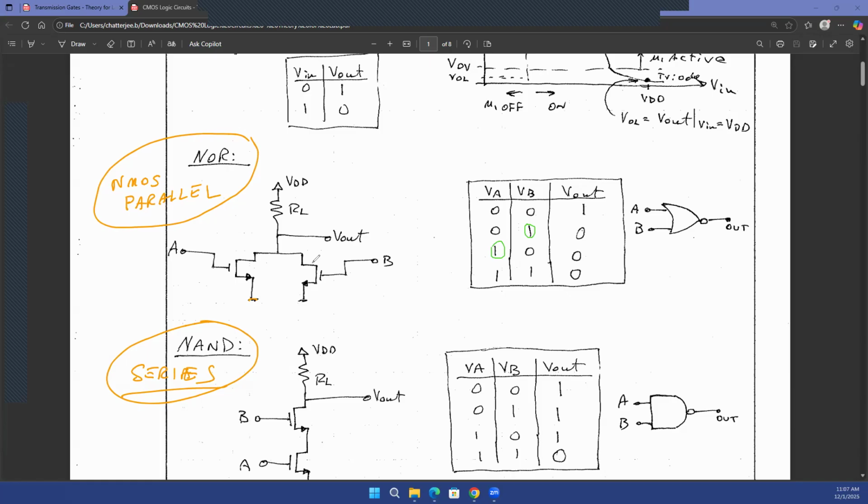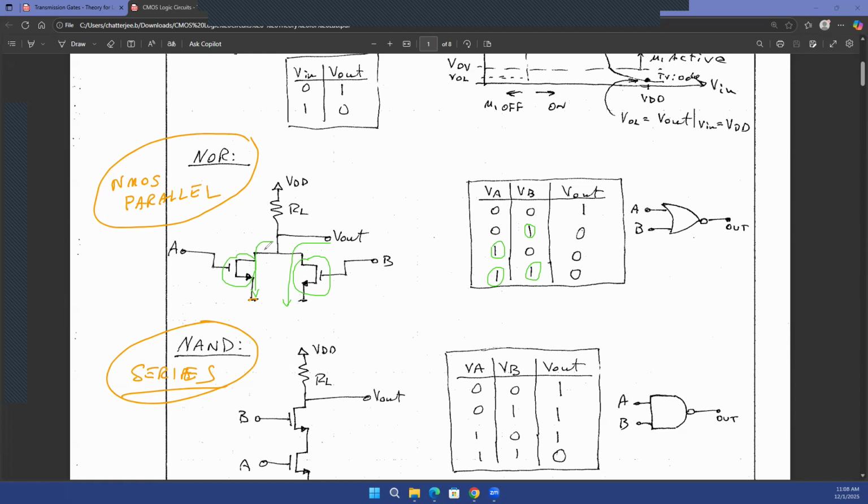If my B transistor is on, I'll discharge my output through the B transistor. If the transistor whose gate is connected to A is on, I'm going to discharge my output through transistor A. And if both of them are on, I'll discharge my output through both of them, right?